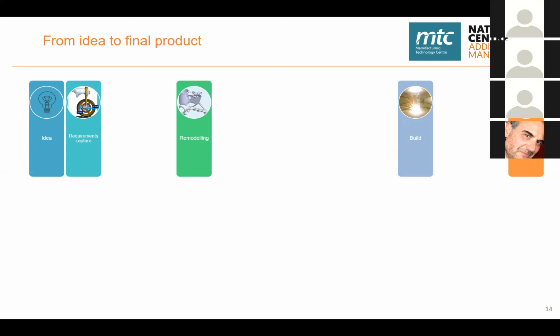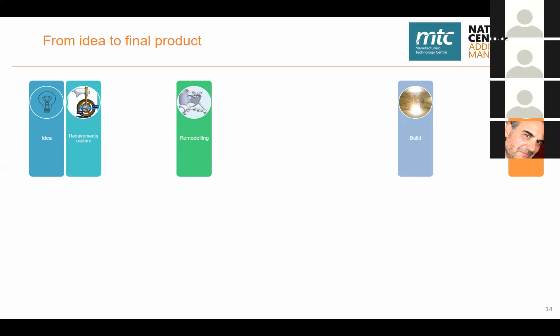It is something that is already used in other processes, the requirements capture for design engineering. But in additive manufacturing it is a key step, because we have so much geometrical freedom within additive manufacturing that it's very important to understand what is important in our component. What are the requirements that we have in there?